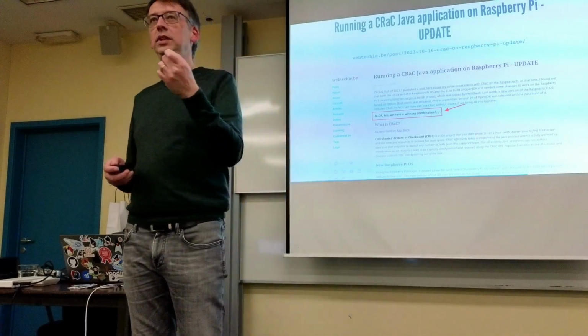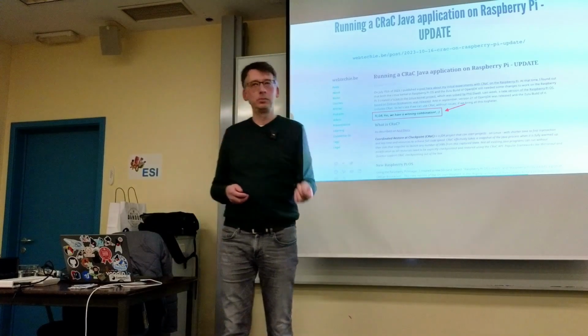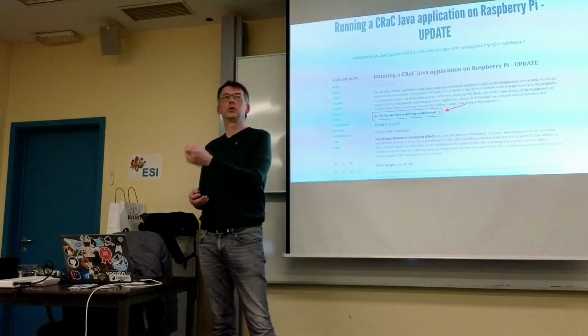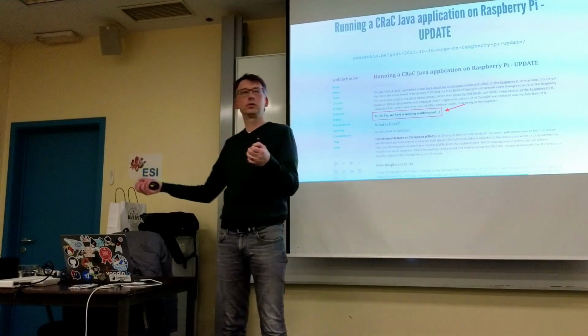Why do you need to run it on Linux? Because at the current moment, CRaC is only supported on Linux systems, because it uses CRIU, which is part of Linux.